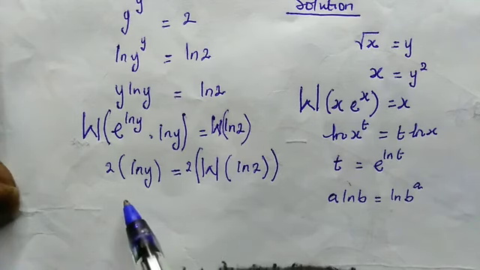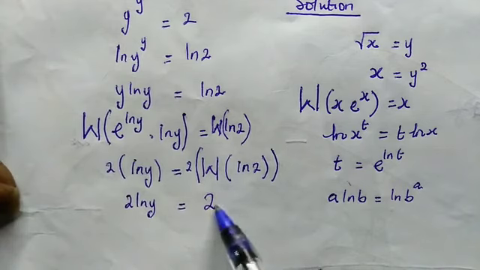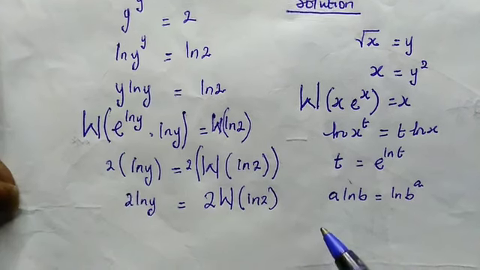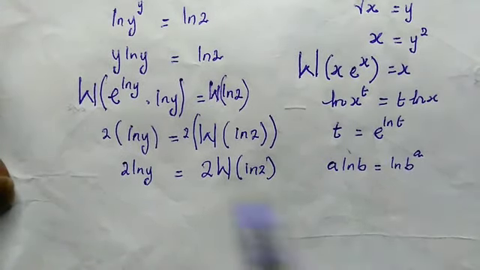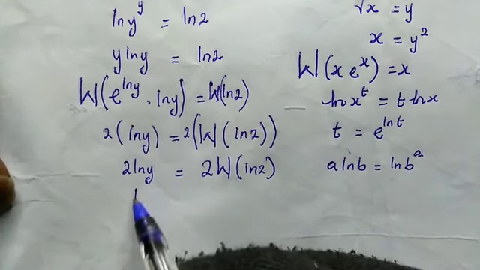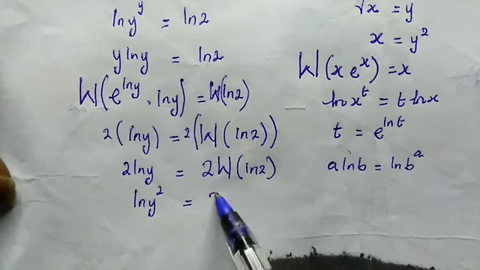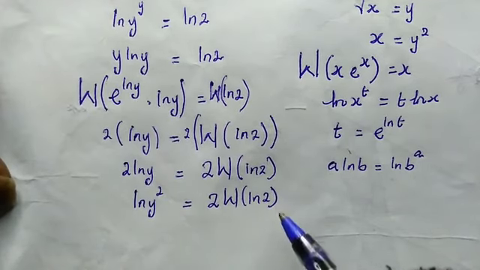We can see from the left we have 2 times the natural log of y. This is equal to 2 times the W of the natural logarithm of 2. And with this property here, this becomes the natural log of y squared. This is equal to 2 times the W of the natural logarithm of 2.